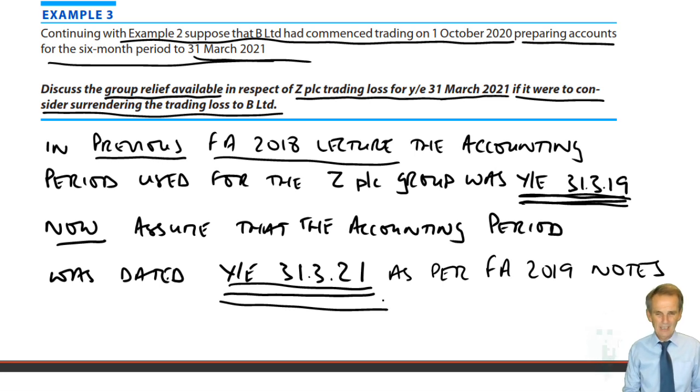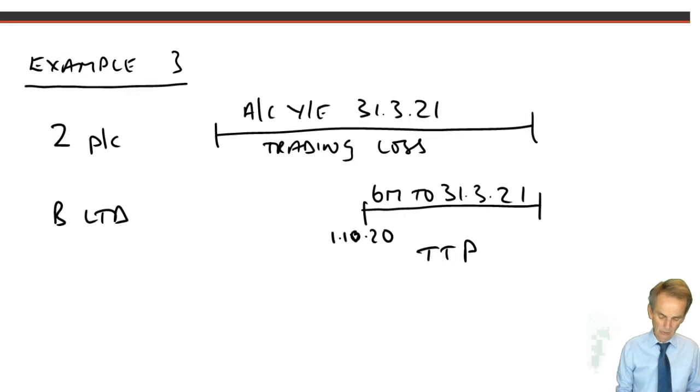Now, you probably don't need to draw a little timeline diagram to understand what's going on here. But again, if it helps, it doesn't take very long, then do it. So that's what I've done for you here. In example 3, we have Z plc, accounting year ended year end 31st of March 21.